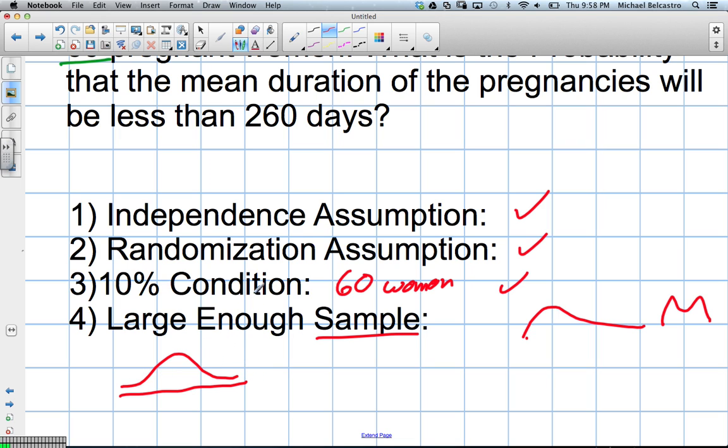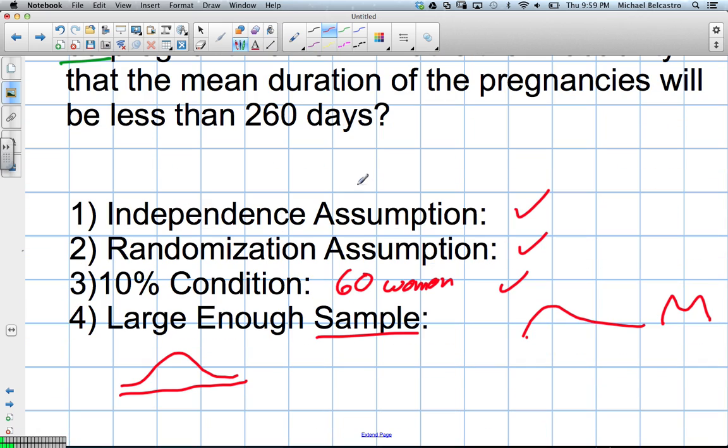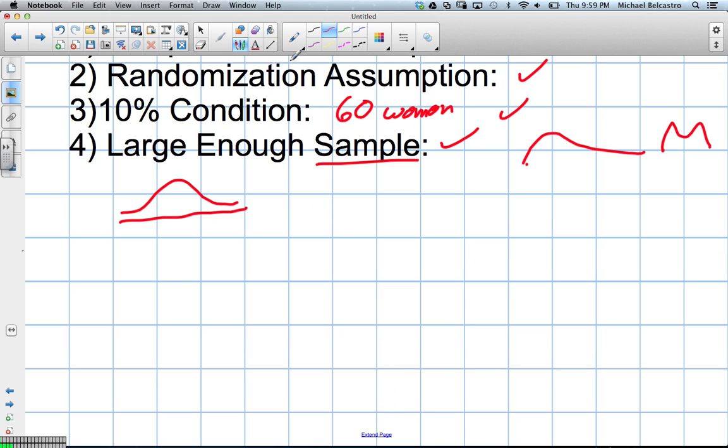Okay, so this is an idea with a mean of means, or averages here, okay? They've actually told us that pregnancies are normally distributed, so it's pretty fair to say we don't even need a lot of people to say that this is a large enough sample. 60 is probably more than enough because it already is normally distributed, so it will give us a normal distribution. We'll go on that assumption, okay? You might want to read up on that idea. So anyways, we've got to create our sample, or our normal distribution here.